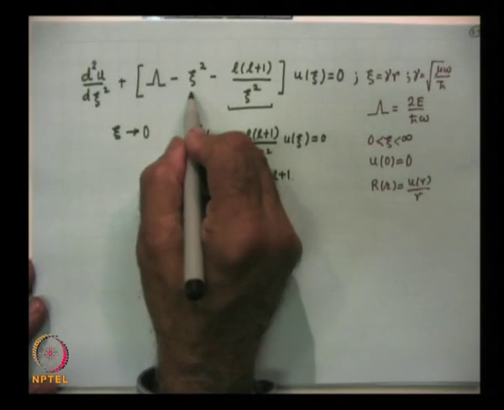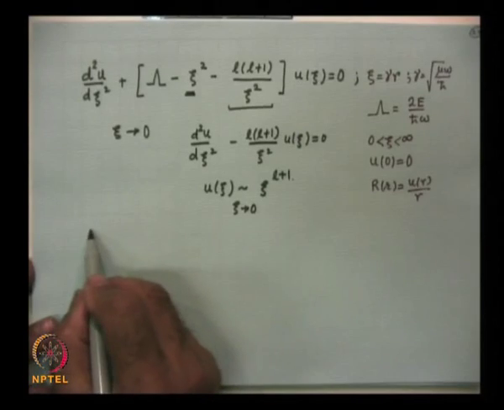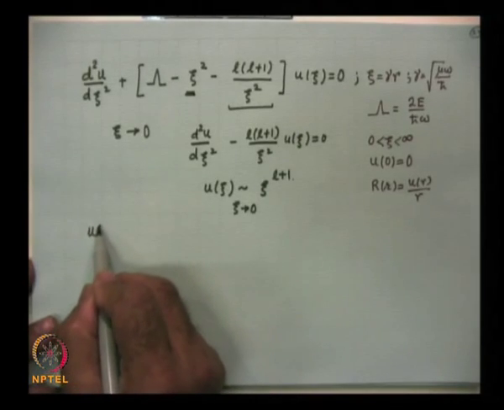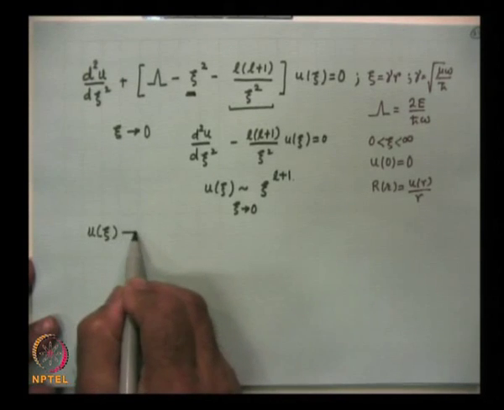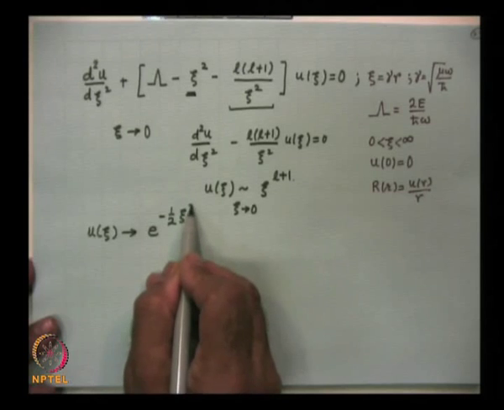As xi tends to infinity, it is this term which dominates. We had experienced this term in the harmonic oscillator problem. If you recollect, u of xi as xi tends to infinity behaves as e to the power of minus half xi square.